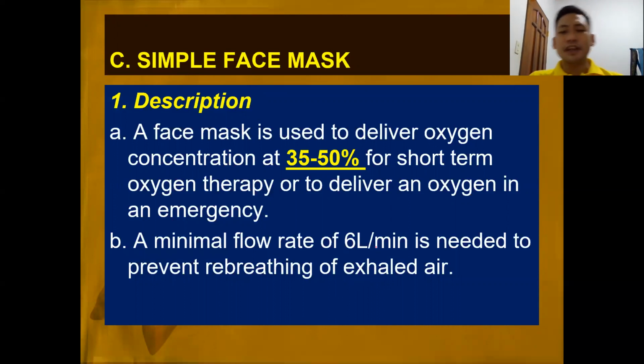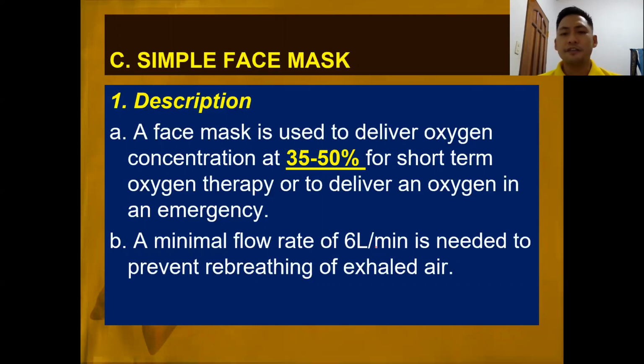A minimal flow rate of 6 liters per minute is needed to prevent rebreathing of exhaled air. So the minimum flow rate for a face mask is 6 liters per minute. Below that regulation, it is not advisable.